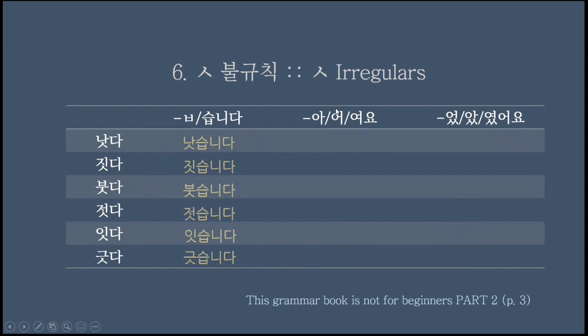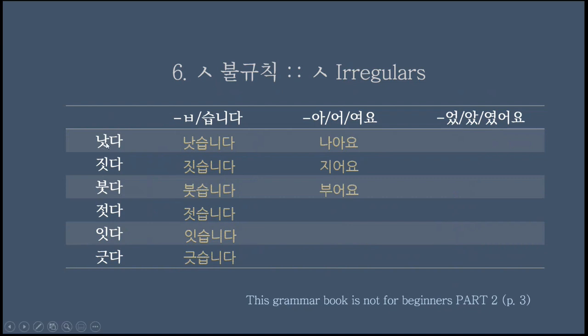Okay, these are all regular conjugations. Let's move on to informal, polite endings. Find the pattern. 낫다, 나요. 짓다, 지어요. 붓다, 부어요. Okay, what's the pattern? Put aside the vowel harmony. What's the pattern? Very easy.